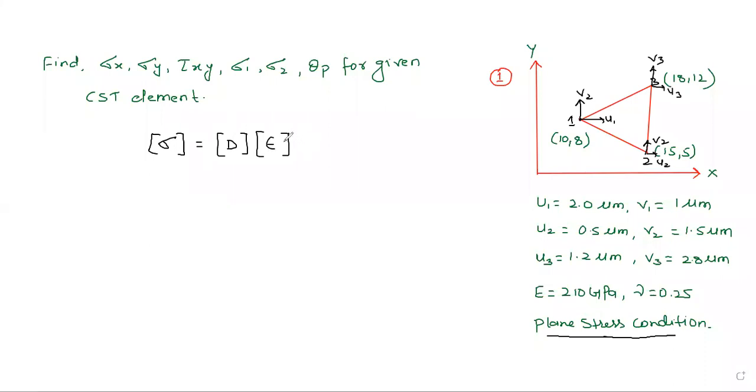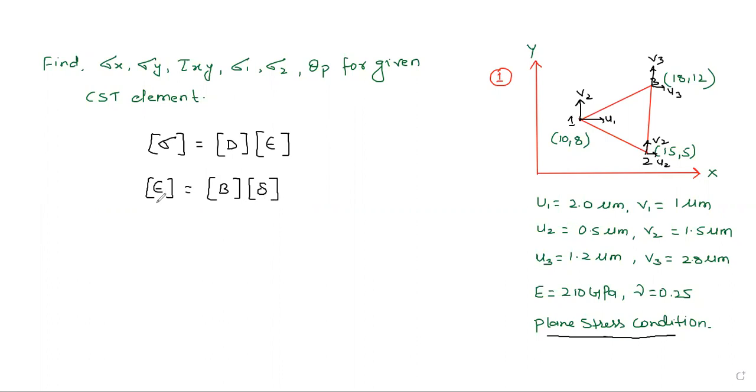So we know this. Now in the previous lectures, when I was discussing the concept of this type of problem, I gave one more relation. That relation was that the epsilon matrix, that is the strain matrix, can be written as the strain displacement matrix, that is the B matrix, into the displacement matrix, that is the delta matrix.